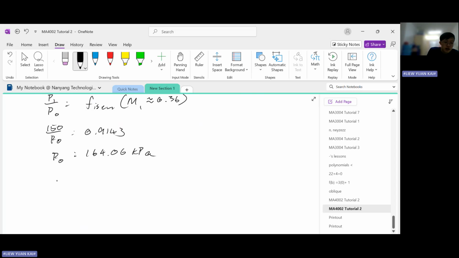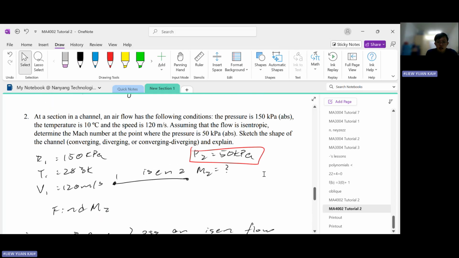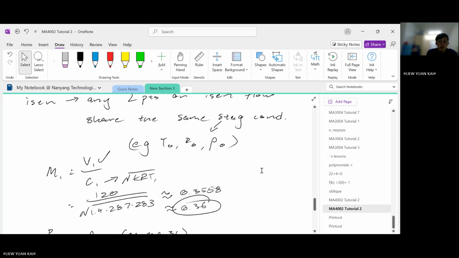Now we consider this pressure ratio, P2 over P naught. We apply the P over P naught ratio to point 2, which is an isentropic function of the Mach number at point 2. Right now M2 is unknown. We're asked to find M2.